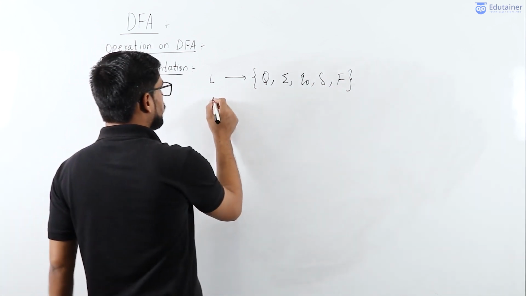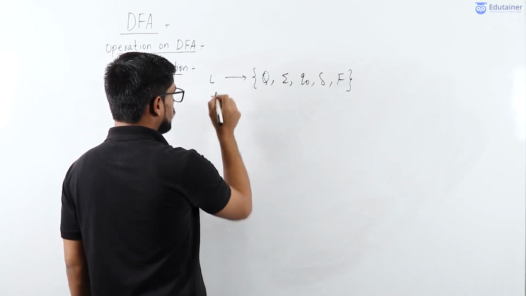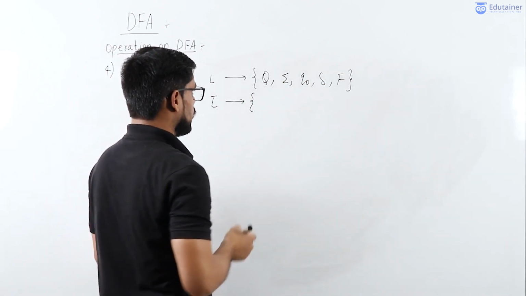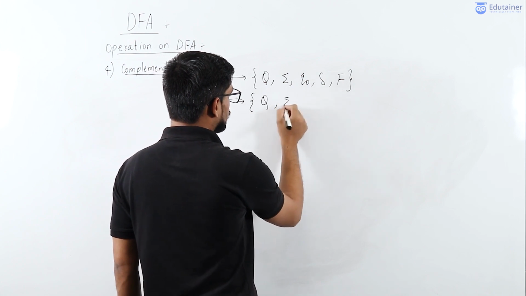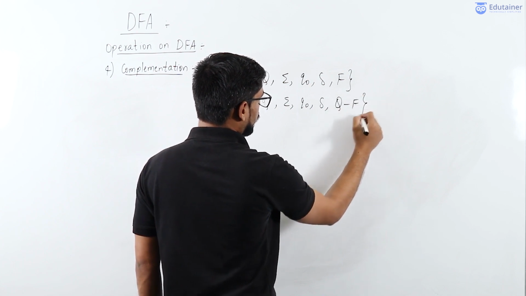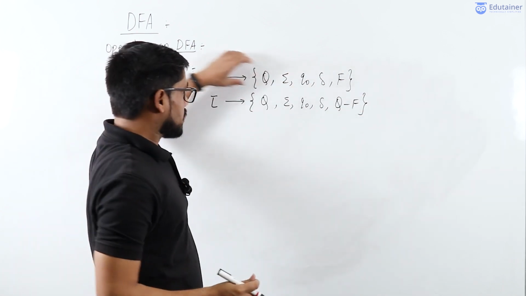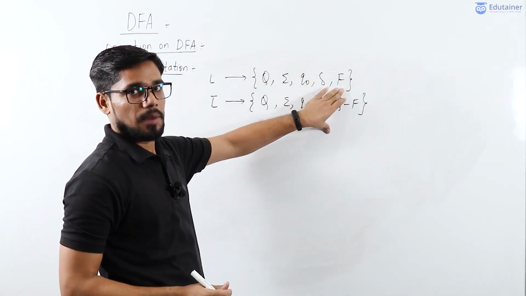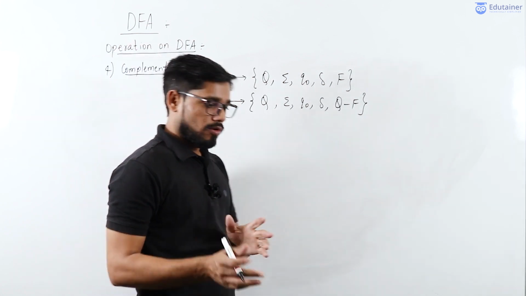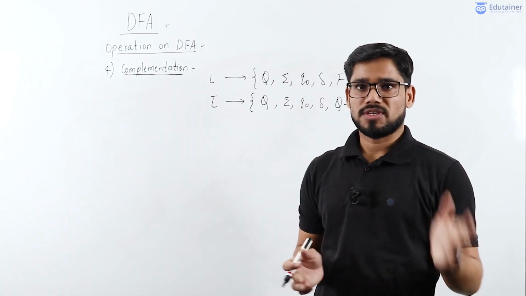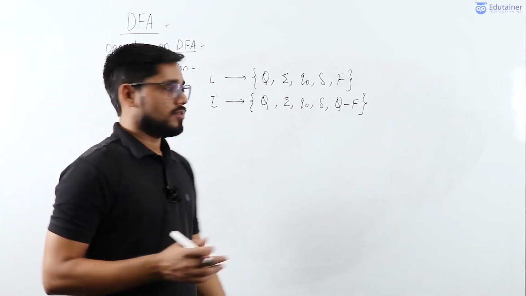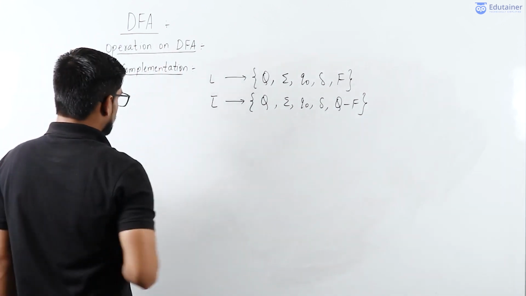If you apply the complement on language L, then the complemented language will contain the tuples capital Q, sigma, Q naught, delta and Q minus F, which means in the previous language the final state is capital F and in the complemented language the final state is Q minus F. So whatever the non-final states present in the original language will be the final states in the complemented language.